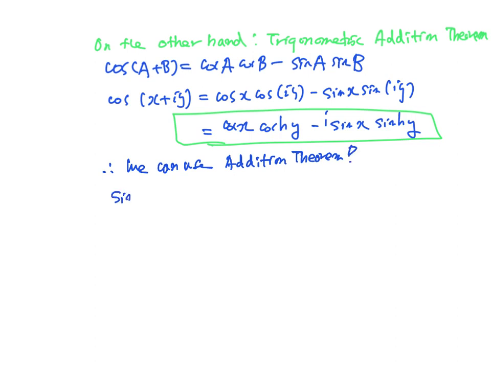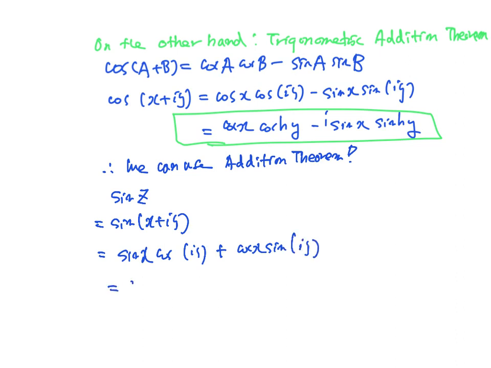So sine z is sine x plus iy, sine x cosine iy plus cosine x sine iy, which is sine x cosine hyperbolic y plus i cosine x sine hyperbolic y. Up to now it's okay.